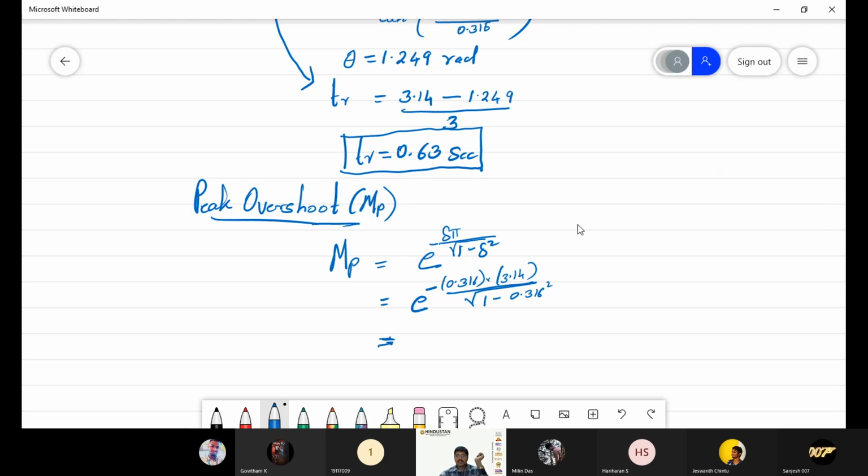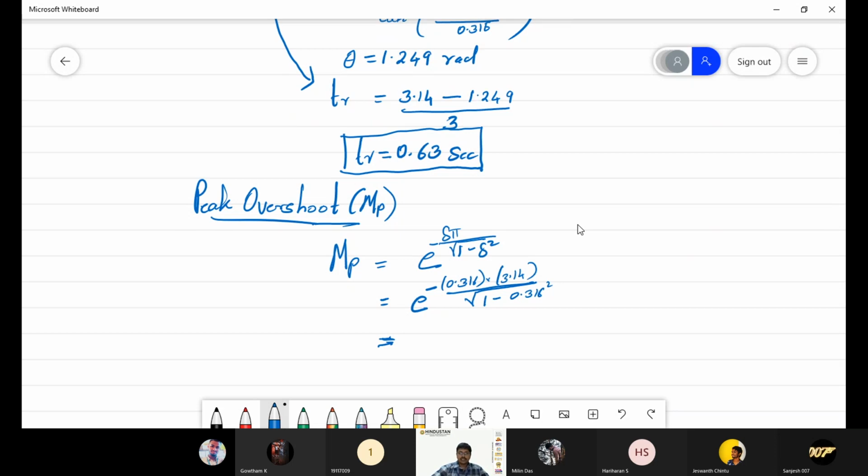So some common sensible values you can keep in mind. Always your peak time will be more when compared to the rise time, right? And rise time will be more when compared to the delay time, right? If the rise time is 0.63, then delay time will be 50%, so it will be 0.315, like that.